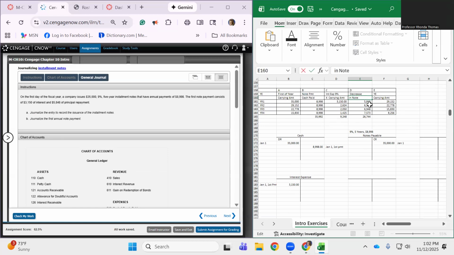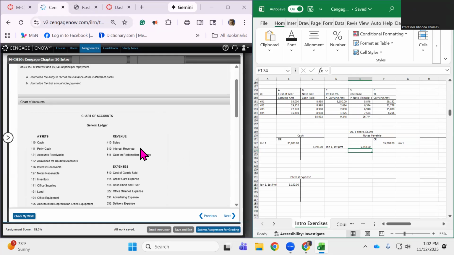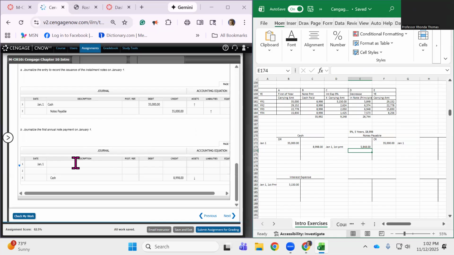Notes have principals. That's the amount you borrowed. So down it goes for $5,848.